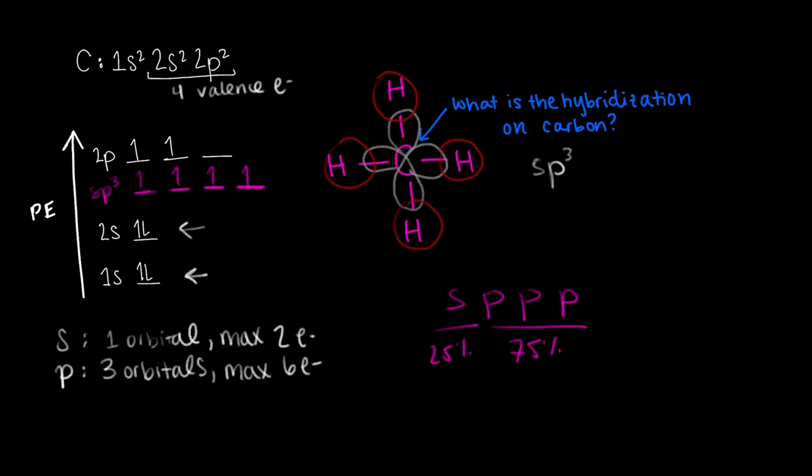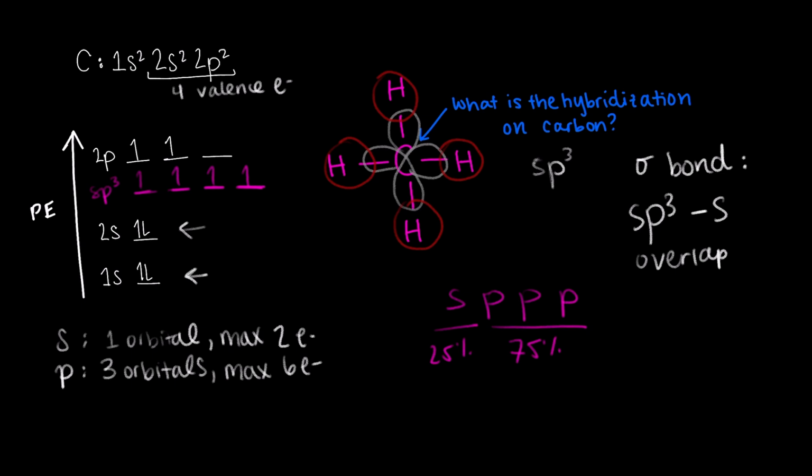In order to create those single bonds, and every single one of those single bonds is a sigma bond, the sigma bonds within this molecule result from the sp3-s overlap. That sp3 on the carbon is overlapping with the s on the hydrogen, forming that bond between those electrons. So that's what it means for a molecule to have sp3 hybridization, or I should say for the carbon in that molecule to have sp3 hybridization.